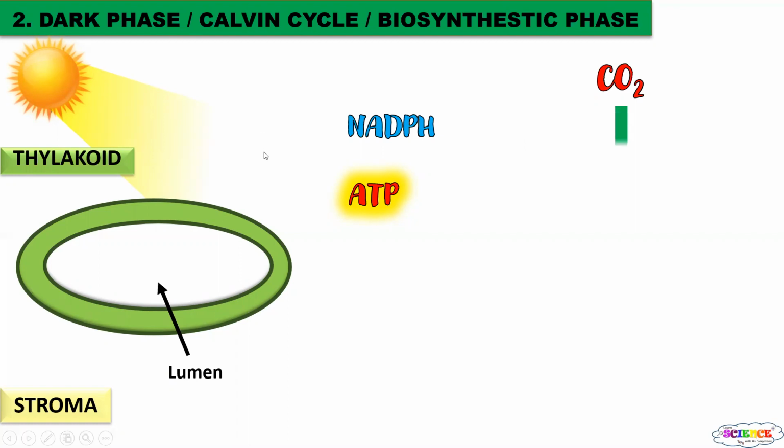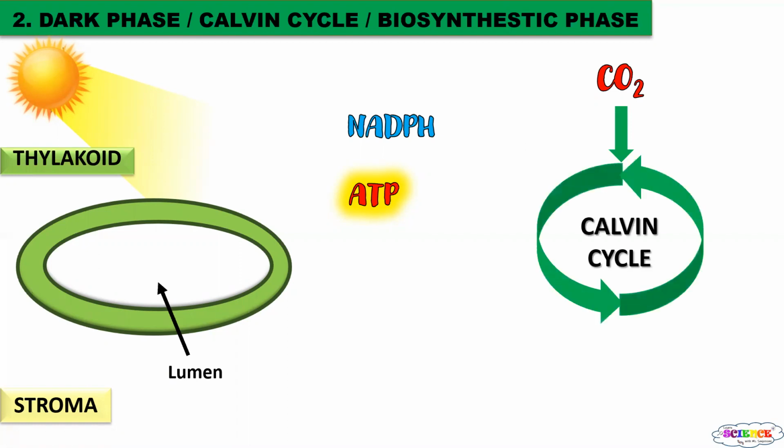Now carbon dioxide enters a series of chemical reactions. This series of chemical reactions, which moves in a cyclic manner, is called the Calvin cycle because the series of reactions was discovered by Melvin Calvin, the name of the scientist. This is just general knowledge for you. Now this carbon dioxide is absorbed.